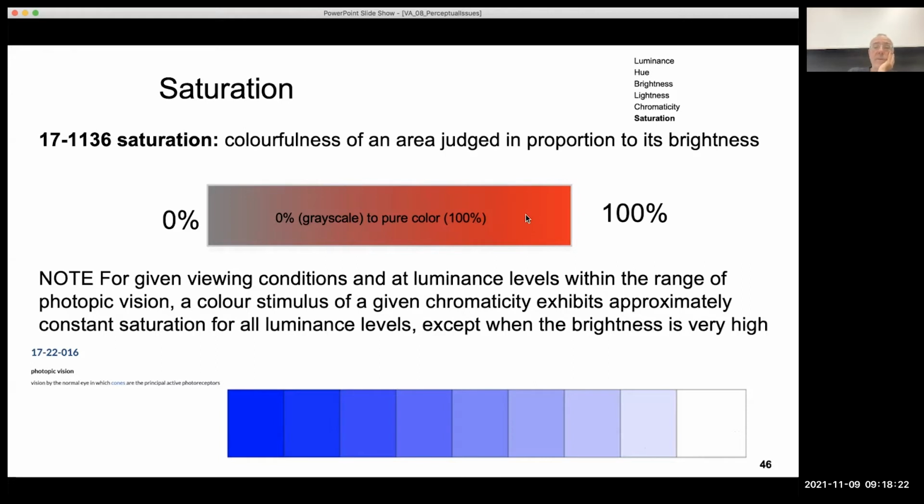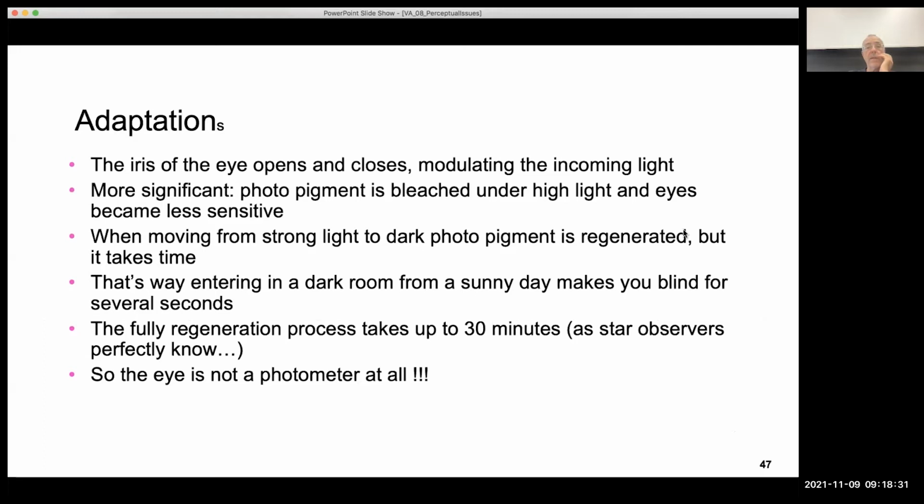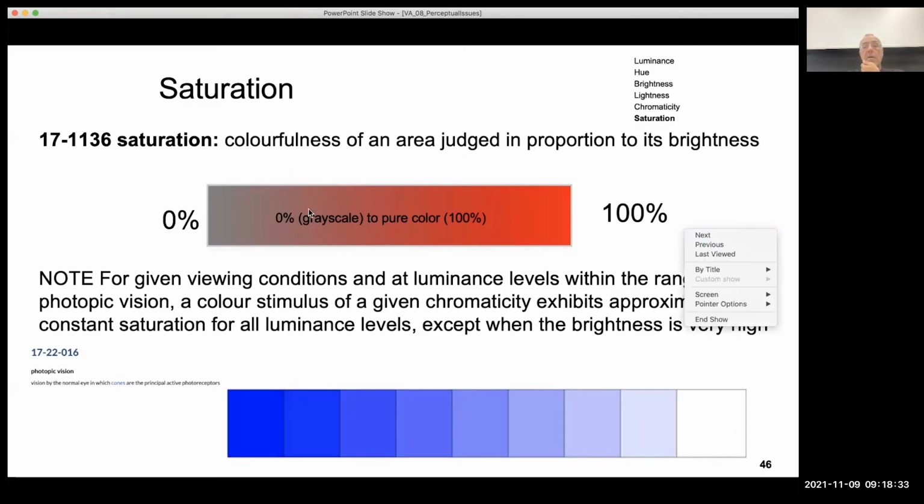So saturation must be used carefully, and it's a good way to produce a numerical color scale. What do I mean by numerical color scale? I mean a color scale that is very good at representing numbers, because in the end, the purpose of this story is not to describe what luminance, hue, brightness, and so on are, but to understand them, to use lights and colors in a good way for infovis purposes.